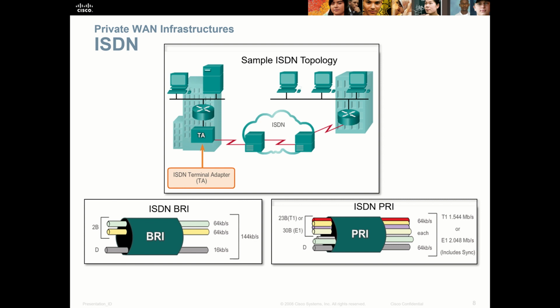As I explained earlier, for the leased line, even though the speed is low, it's a guaranteed bandwidth. But for ISDN, the line is shared. So let us look at the ISDN.